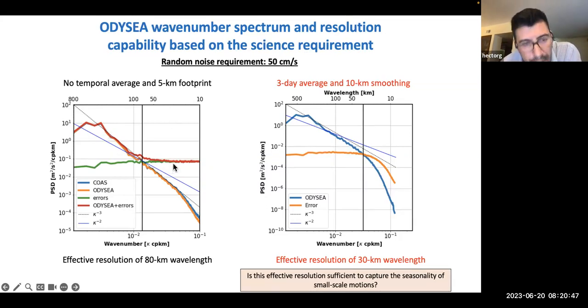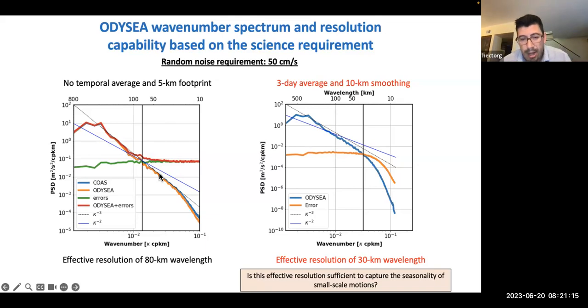The red line is when you combine the ODYSEA sampling plus the error noise. So without any temporal average or any spatial smoothing, the signal to noise ratio equal to 1 is about 80 kilometers in terms of wavelengths. So this is not good, but remember this is the 15 centimeters per second.